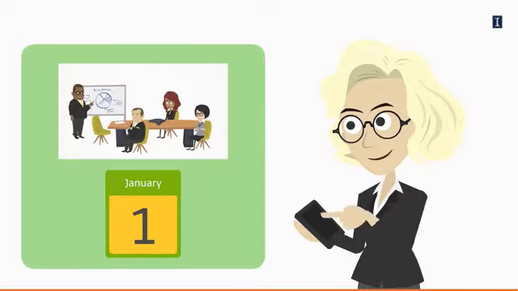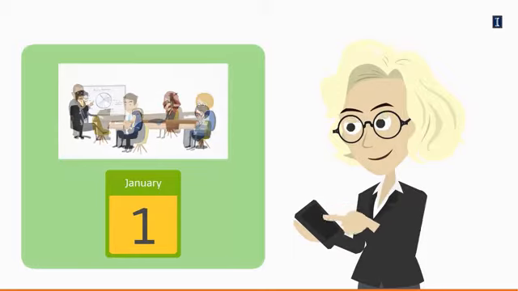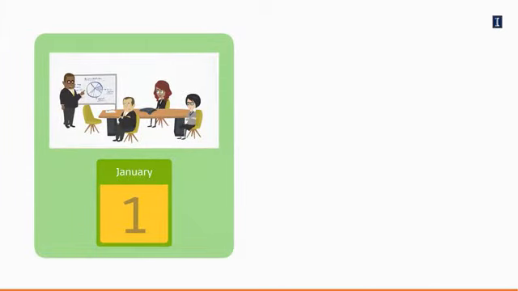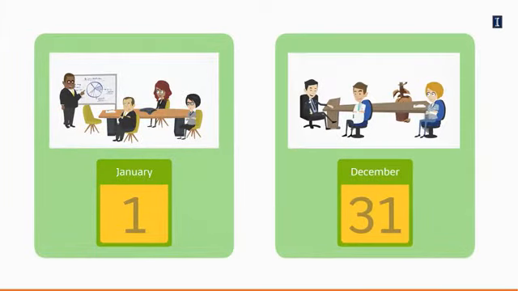Now let's imagine we took a second photograph of the same company, but we take the photo on December 31st. If we compare the two photographs taken a year apart, they probably won't look the same. In other words, the company's position on December 31st will have changed since January 1st. What's the difference in the company's position, and what caused this difference? Well, that's what the income statement captures.